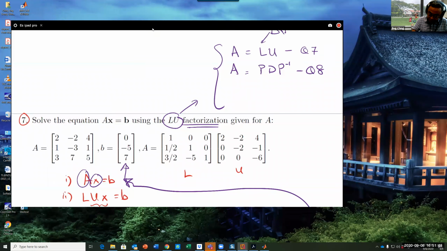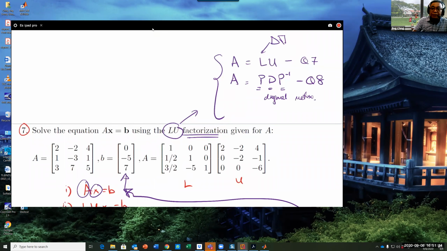It breaks it into a matrix on the left hand side and an inverse matrix on the right hand side, and D is a diagonal matrix. So in question 7 and question 8, we see that we can break matrices into smaller parts, and these smaller parts allow us to be very effective in solving some equations.